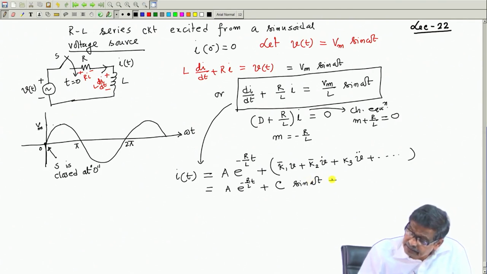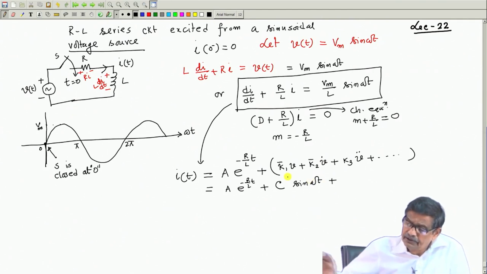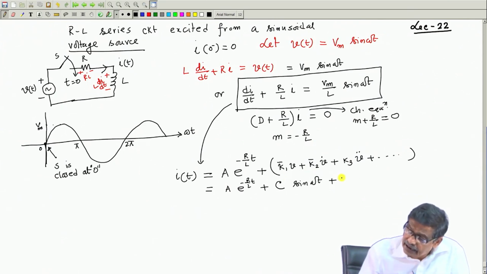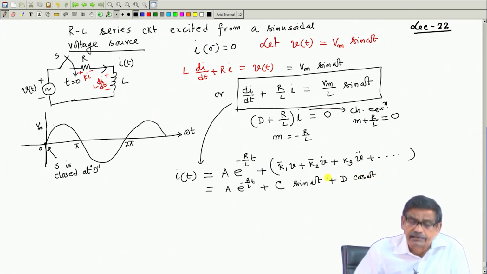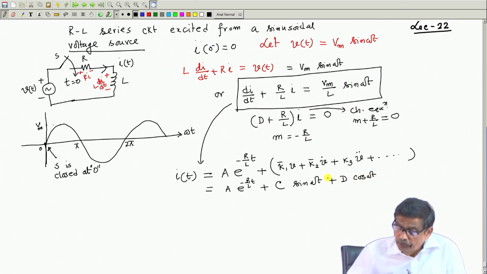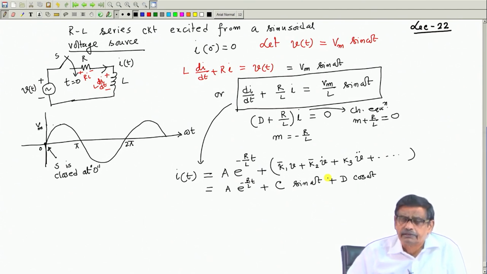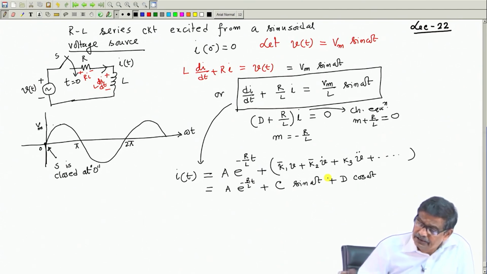Similarly, there will be an infinite number of cosine omega t terms, and I will group those. If you take cosine omega t out, this will be another constant term. Of course, C and D will have omega terms, but omega is a constant, not a circuit parameter, decided by the supply frequency, that is all. But this will be the solution.